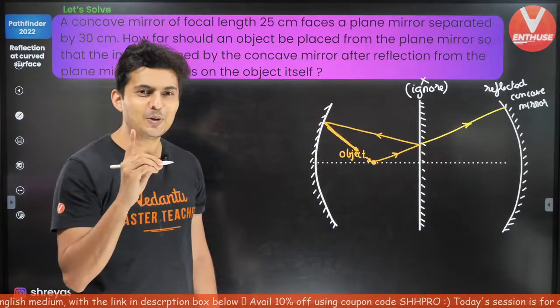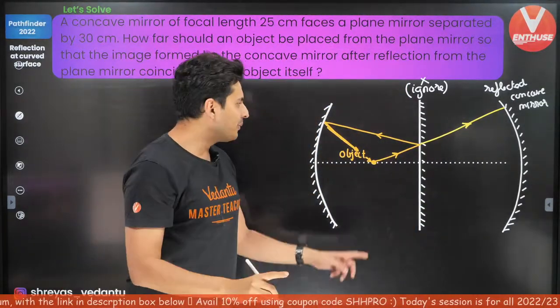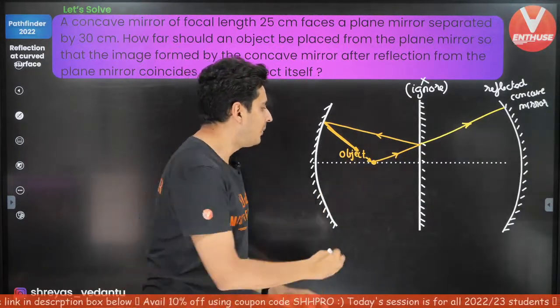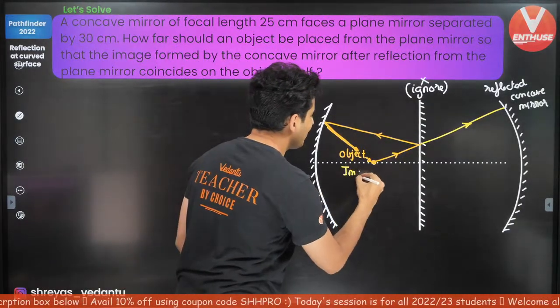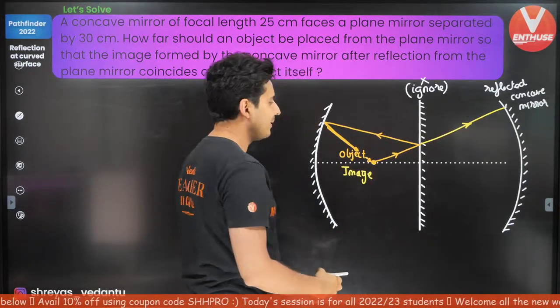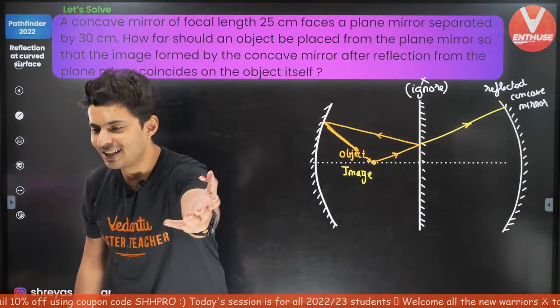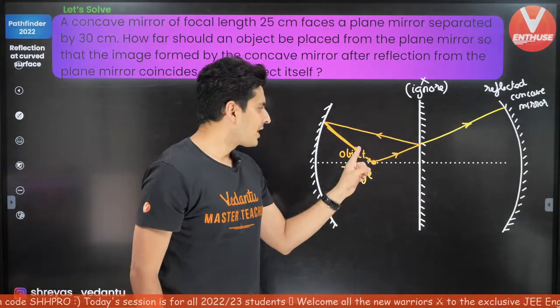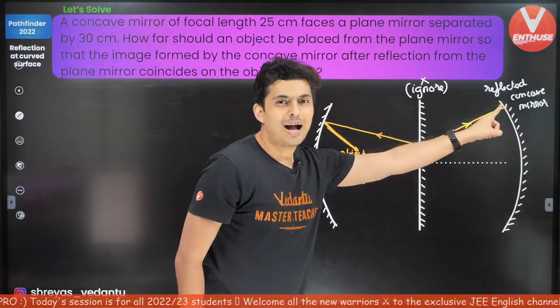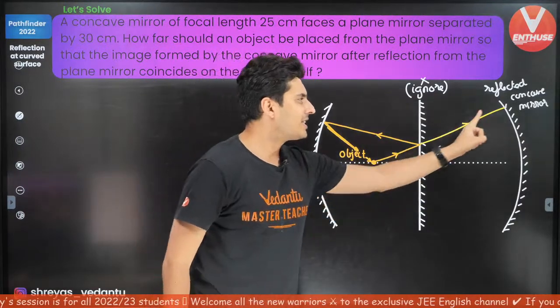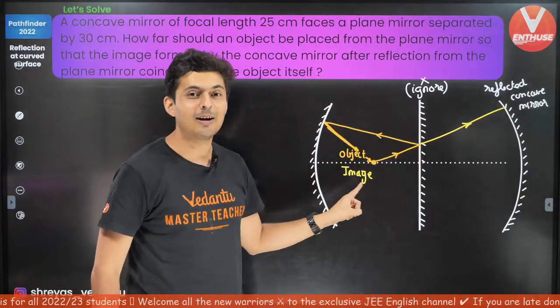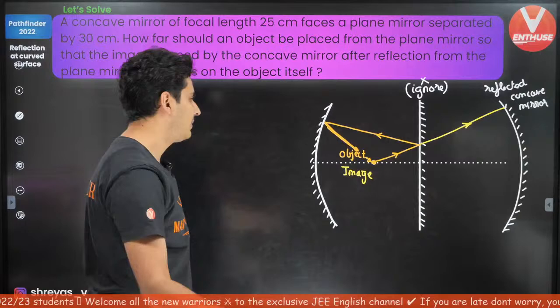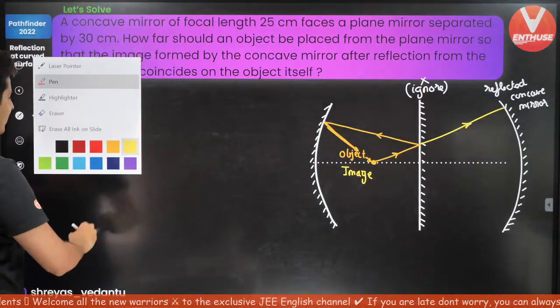And I think I know now when the image would be formed. When would the image be formed on the object itself? Do you guys know it? I think I just gave you the rule some time back. The ray which passes through some point just retraces the same path after reflection. And which point is that, my warriors?